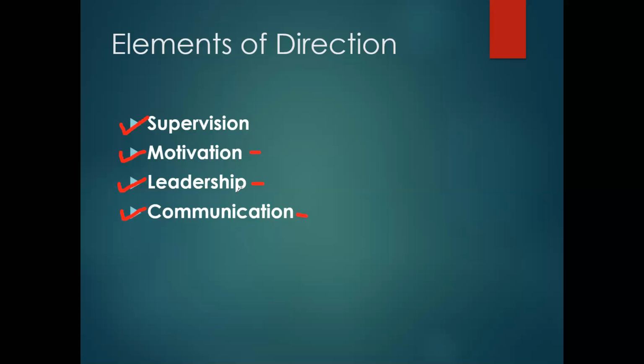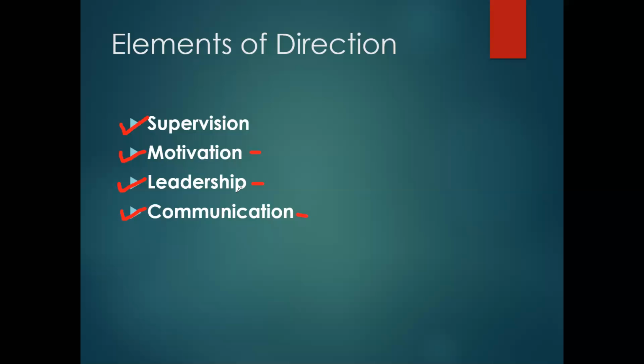And the last element of directing is communication. What is communication? Communication is that we need to form a common understanding between the speaker and the listener. What the speaker wants to say, the listener should understand the same and follow those instructions.